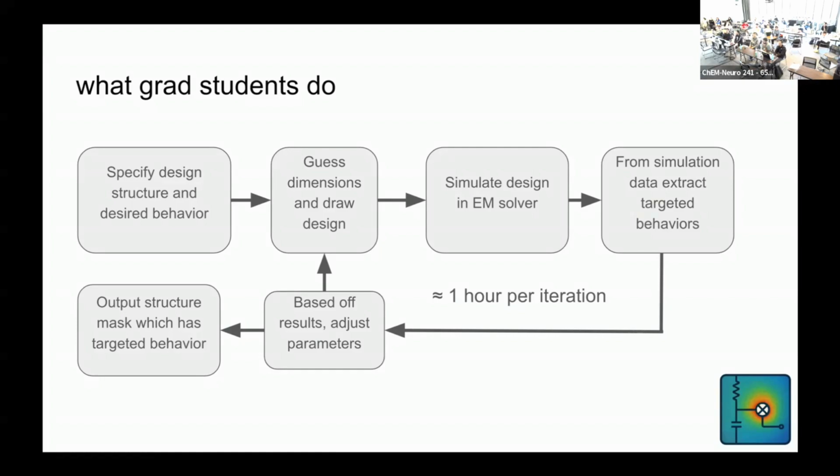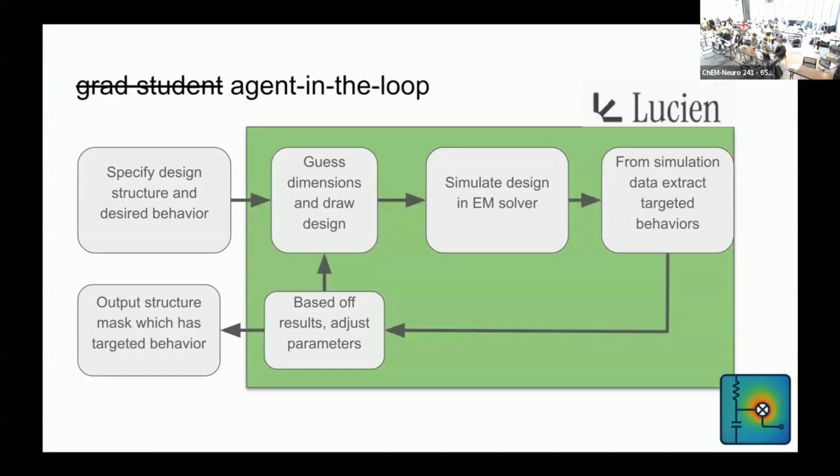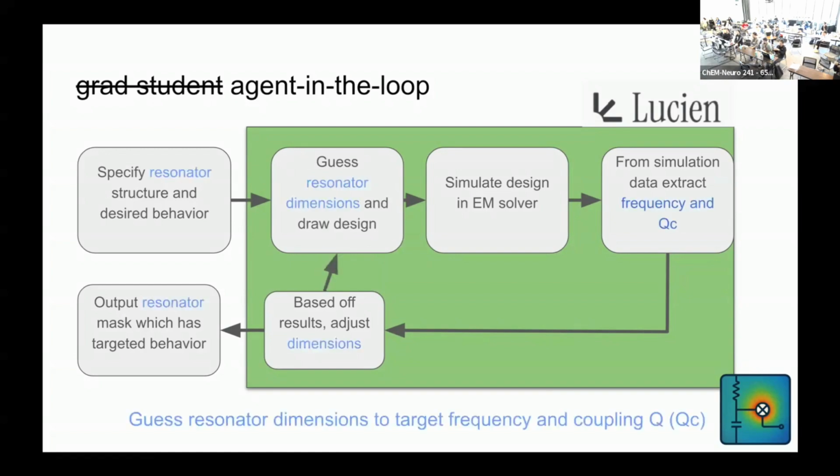If they're not, we loop back, but if they are, we output a structure with the mask we want that we will write in a lithography machine. But obviously, this is a time-consuming task, and we would rather have an AI MCP tool like Lucian do it for us. For this project specifically, we're working with resonators, and we basically want to guess the resonator dimensions that we need in order to target a specific frequency and coupling Q.